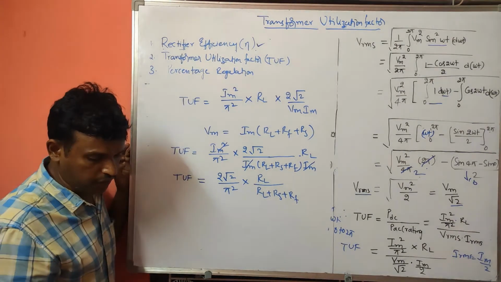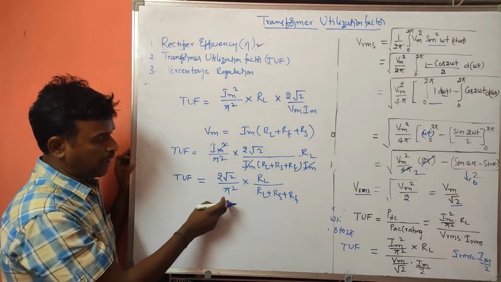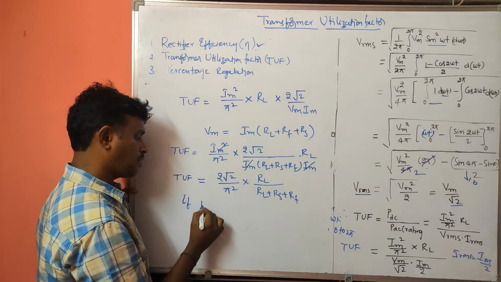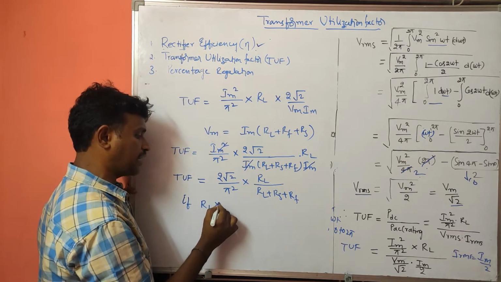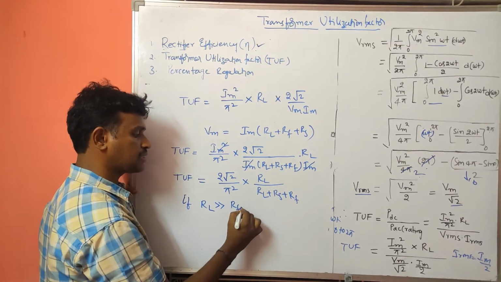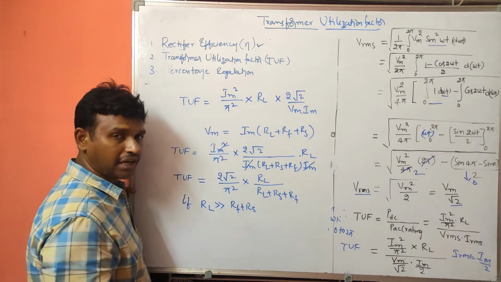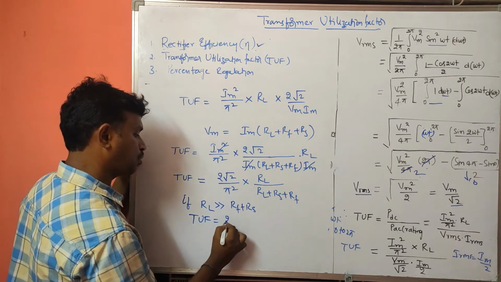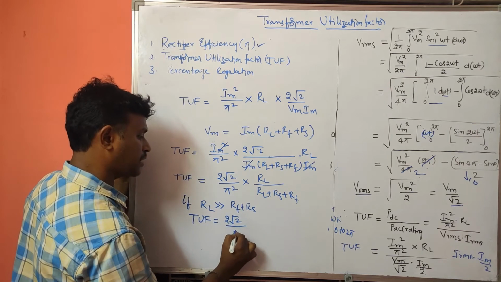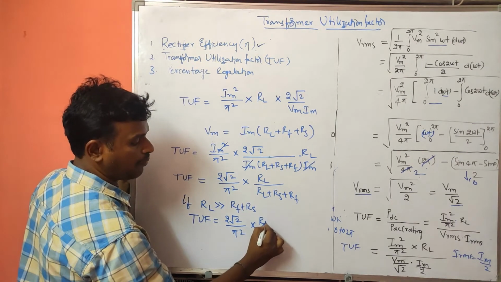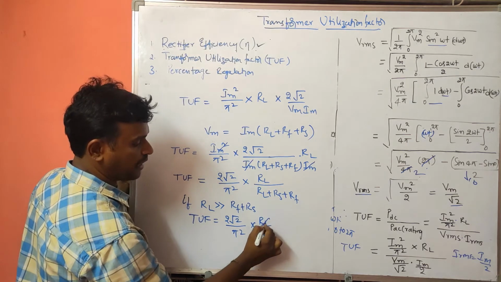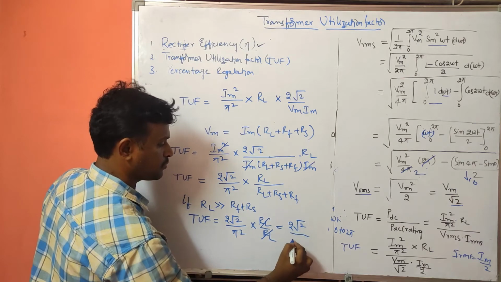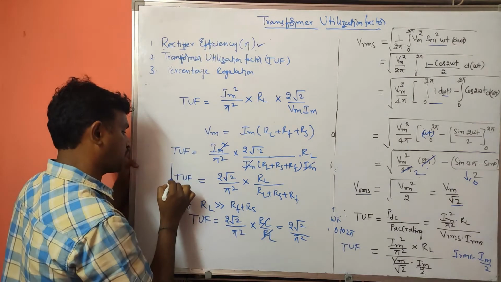Then what is the value of this 2 root 2 by pi square? This is the TUF value if RL is very much greater than RF plus RS. Therefore TUF is equal to 2 root 2 by pi square multiplied with RL by RL. The actual equation is this one.